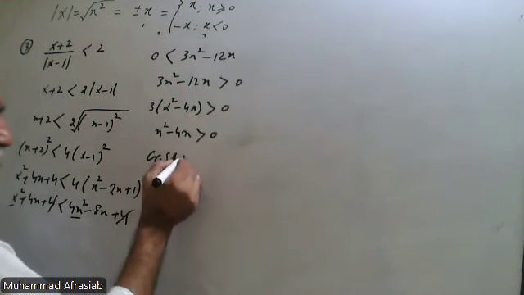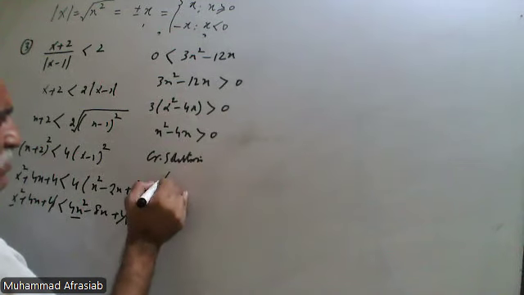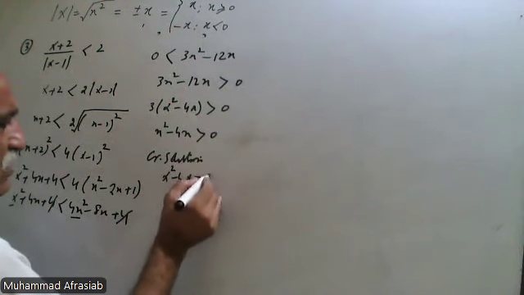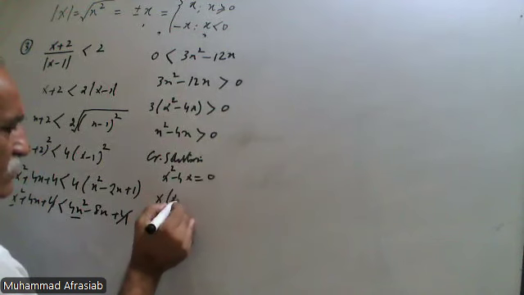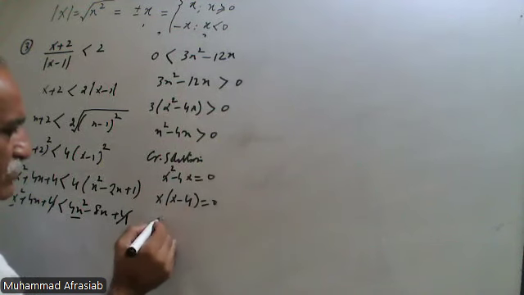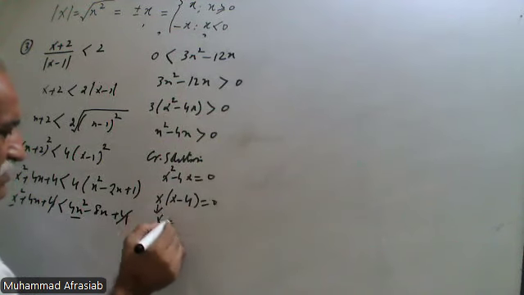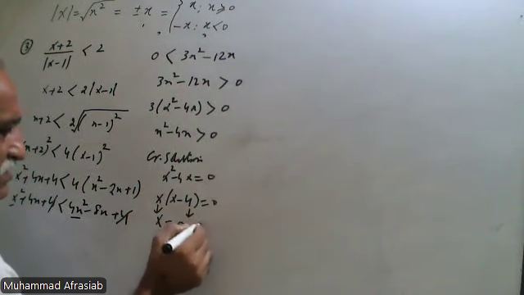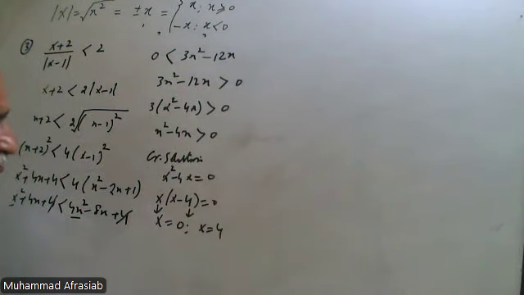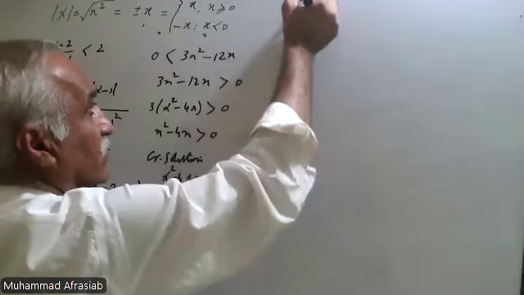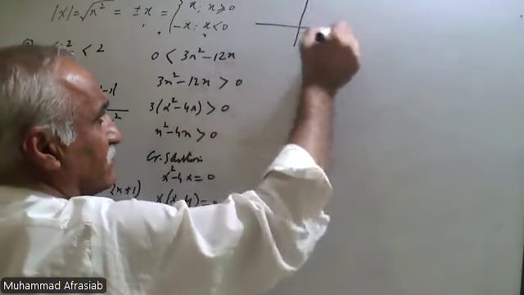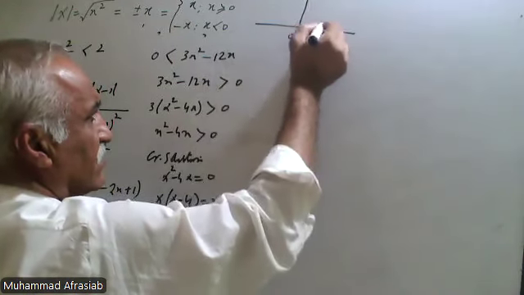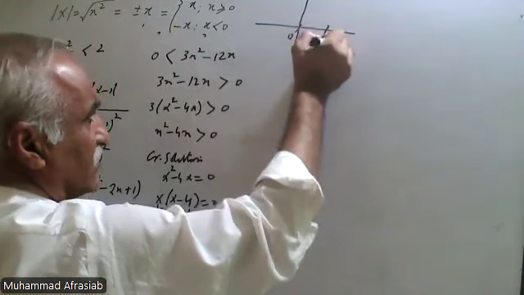Then use the critical solution. x square minus 4x is equal to 0. x is common, x into (x minus 4) equal to 0. So if this is 0 or if this is 0, then x is equal to 0 or 4. Now we put it on the number line. It is the origin, and this is plus 4.